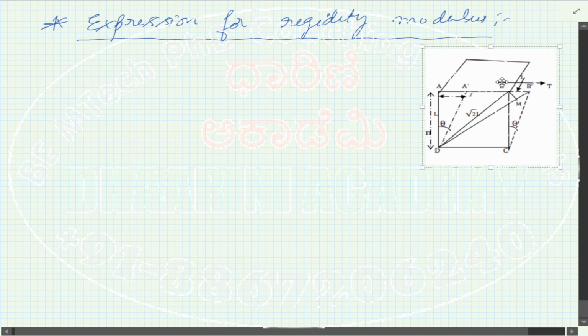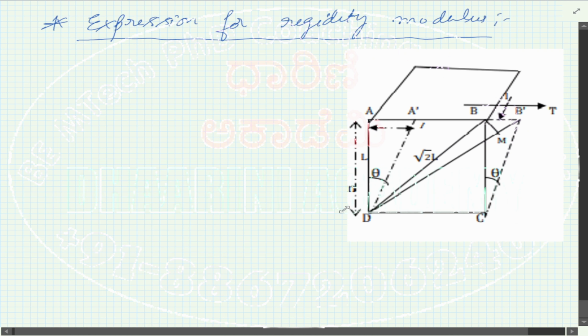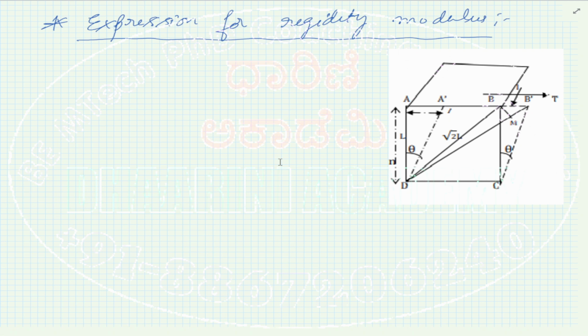Let us consider this particular diagram. All right, so this is how we consider a cube, original cube, right? So consider a cube of dimension L. So one side is L. Now we are assuming that the bottom of this particular cube is fixed.